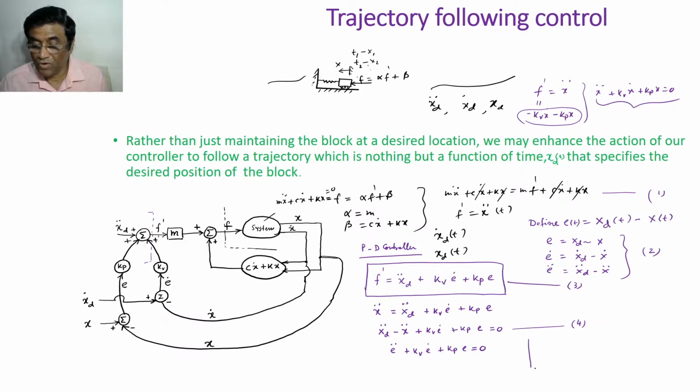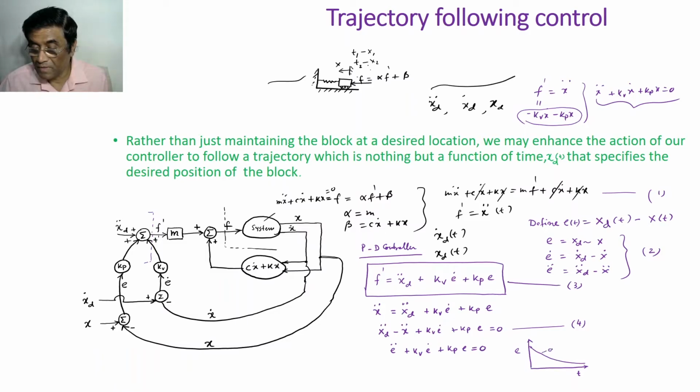So if I try to draw the differential equation solution in the error domain, not amplitude, the error versus t, because kp and kv are gain parameters and they are positive, okay, error will be something like this.